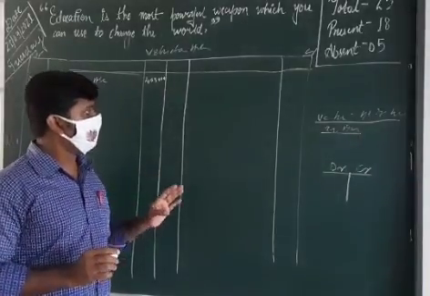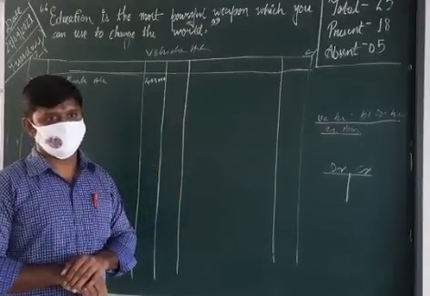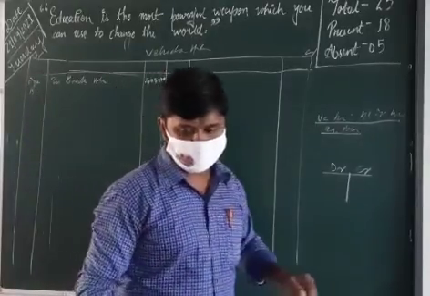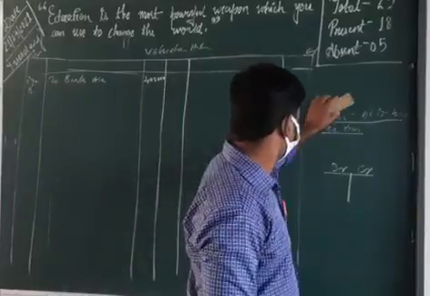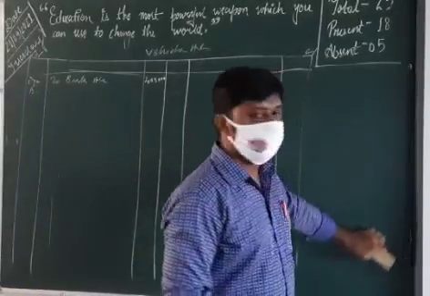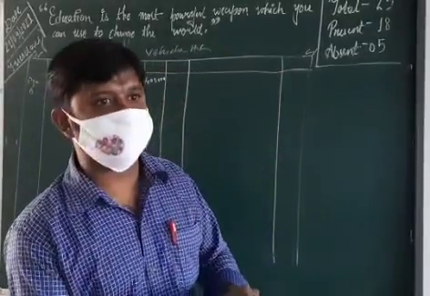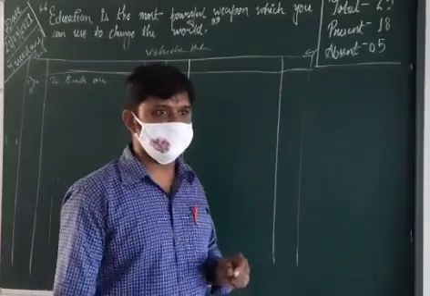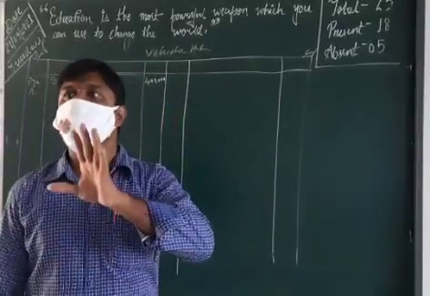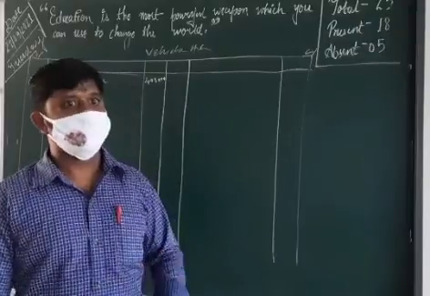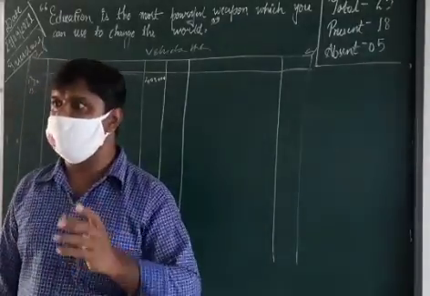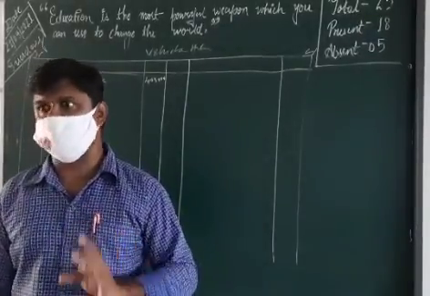Next year, end of this year, what will happen means we need to charge depreciation. That depreciation we are charging directly. Depreciation we got now already, we got 90,000. That depreciation we are charging directly to the asset account.